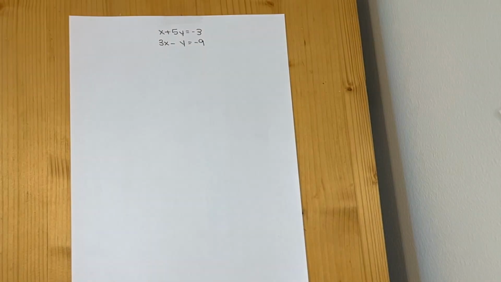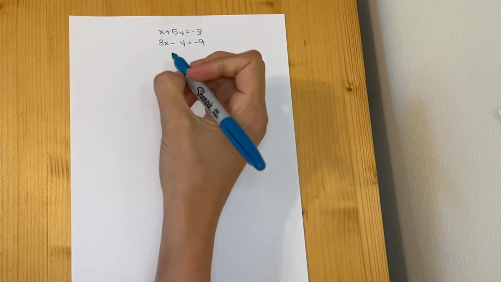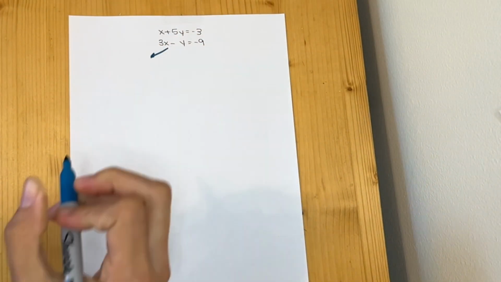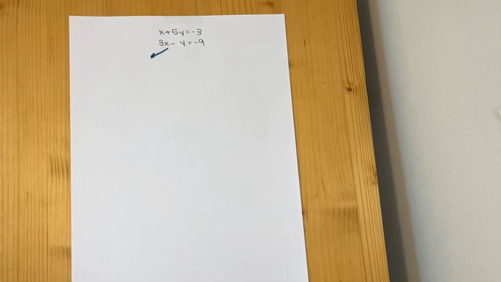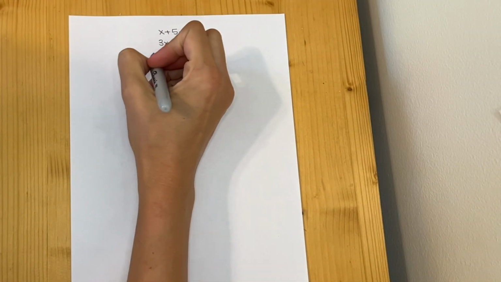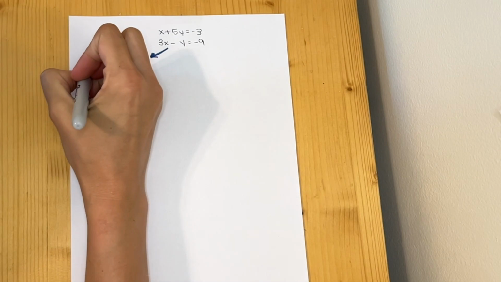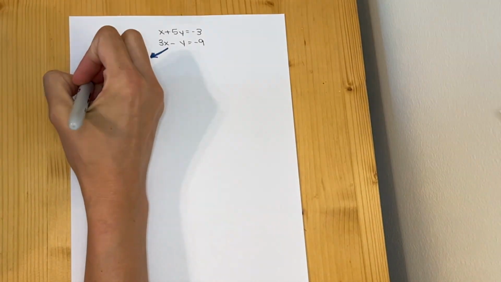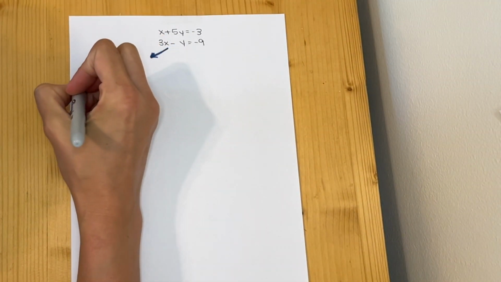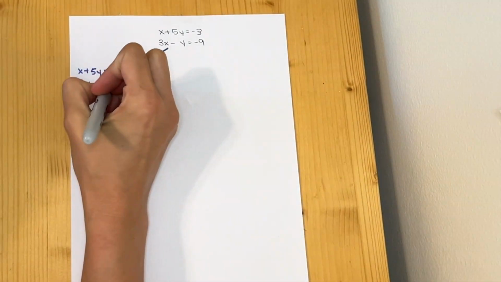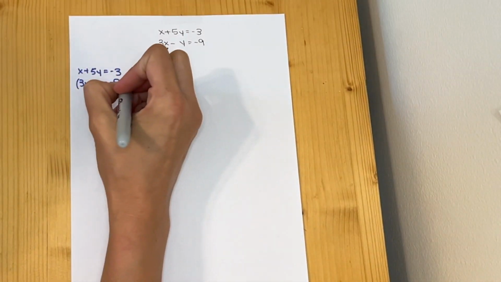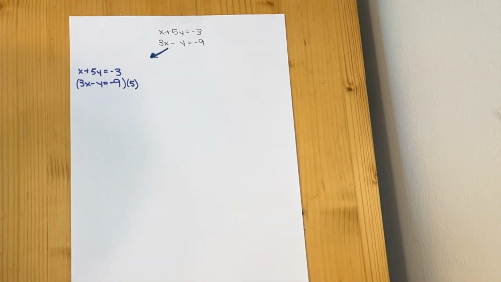Now our next system here is x plus 5y equals negative 3 and 3x minus y equals negative 9. I'm going to show you two different ways to solve this one. In the first way, we're going to eliminate the y variable, so I'm going to multiply the second equation, all of it, by 5, so that we get a plus 5y and a minus 5y.